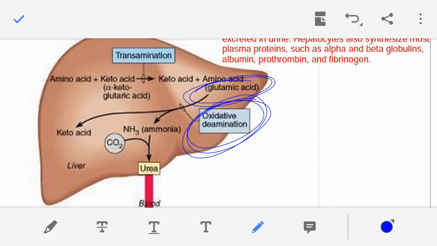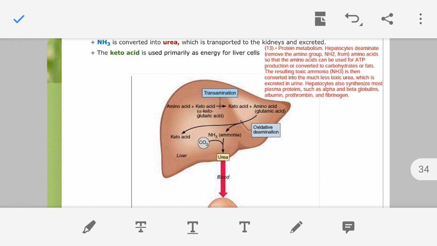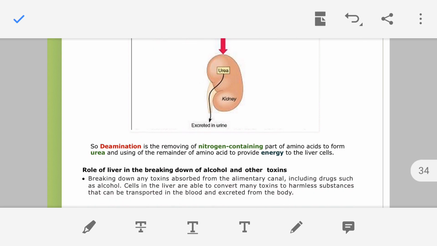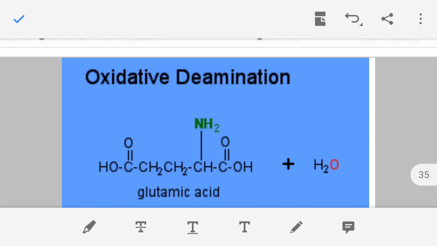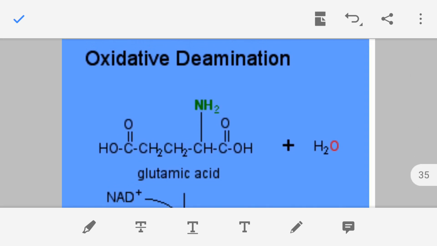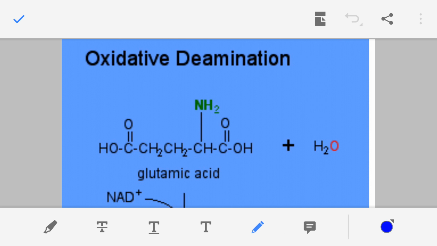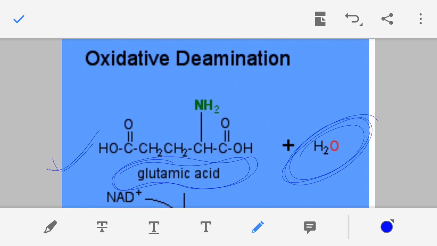From the amino acid, that is the glutamic acid, ammonia is removed and the rest of the amino acid is transformed into keto acid. So now I am showing you the figure for oxidative deamination. Here this is the structure of glutamic acid. Glutamic acid combined with water molecule.